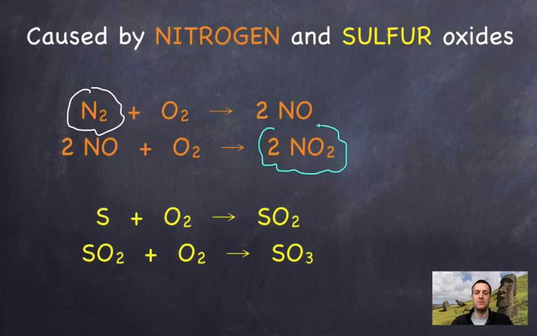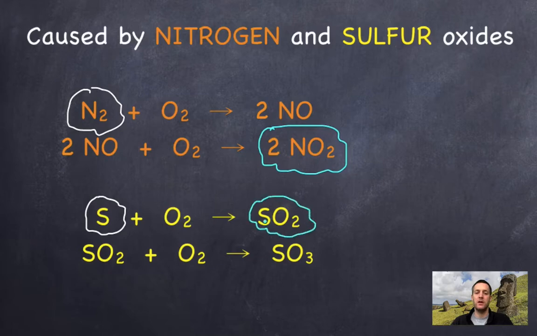And this is going to be a really important oxide for us in this film. Sulfur is another substance that we can end up combining with oxygen when we burn things. That's because it's present in a lot of fossil fuels. So when we burn the fuel, we end up burning the sulfur as well. And we're going to form two really important oxides here.